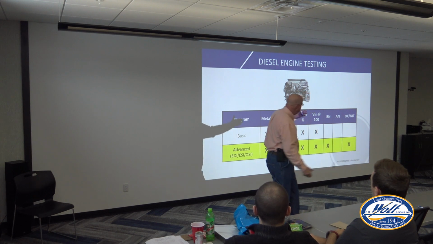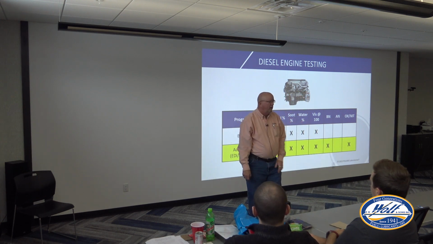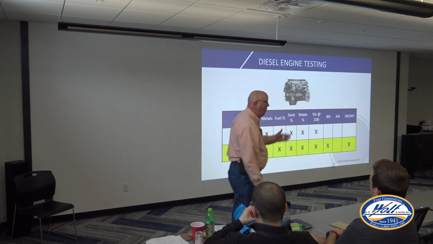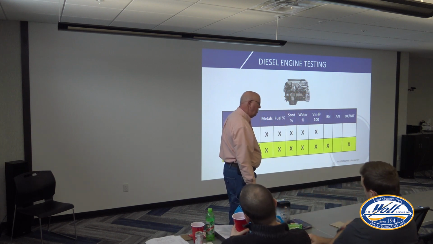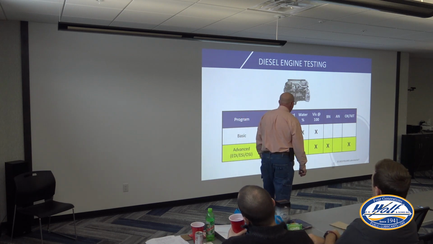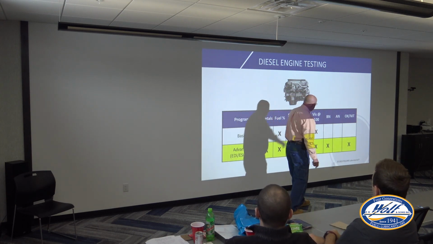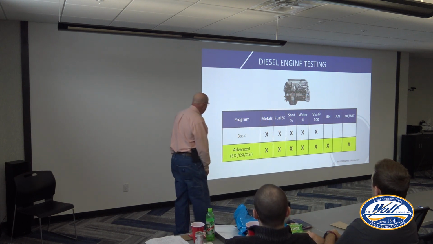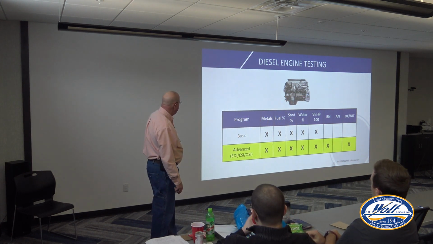So we use that base number to tell us it's time to change that oil out, or no, it's still good for continued service. If it starts at 8 and it's at a 4, we're still good. When it gets to 2.0, we need to think about changing that out. And acid number is starting to come into play with some oil companies. They like to see acid number as well.